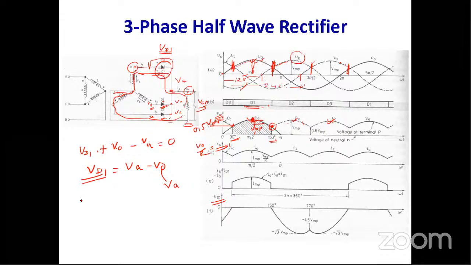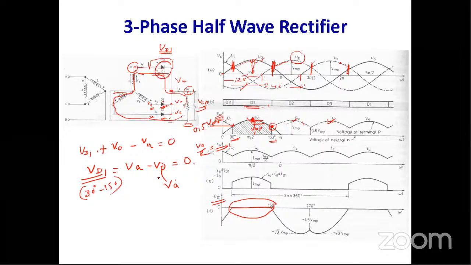So VD1, the voltage across diode 1 in the zone 30 degree to 150 degree, V0 is equal to VA. That is why this is 0. So this is the line that represents the voltage across the diode D1 when D1 is in forward bias. During that condition this voltage is 0.